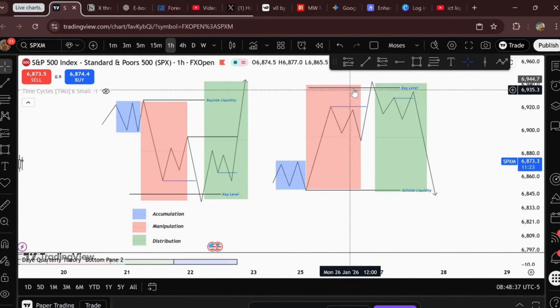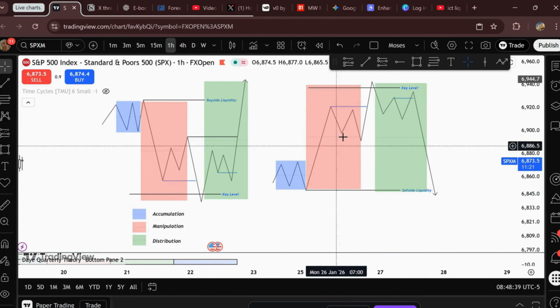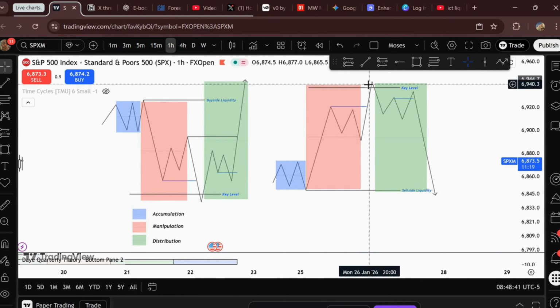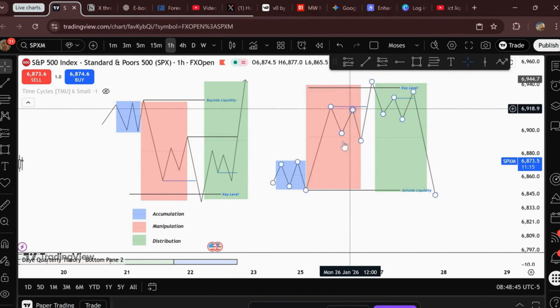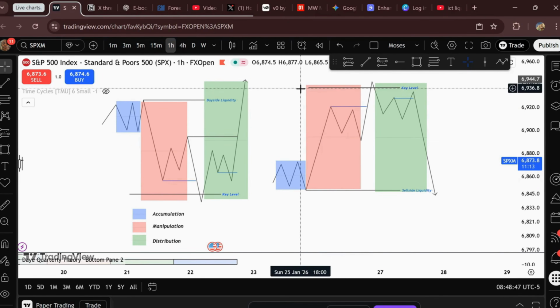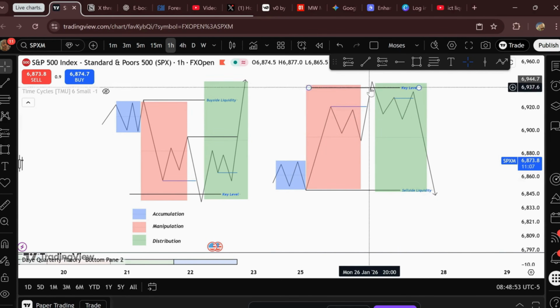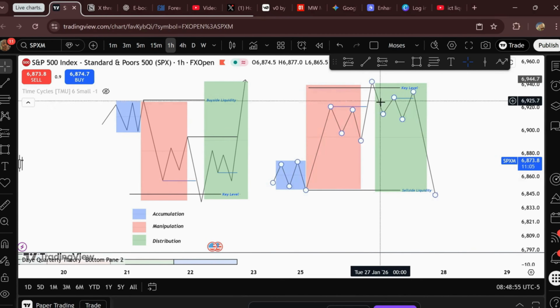In this manipulation leg, price puts on a fake move high, deceiving traders to believe that we are trading higher, but price trades higher until it meets a bearish key level. And as soon as price meets this bearish key level, price rejects off of this key level, right?